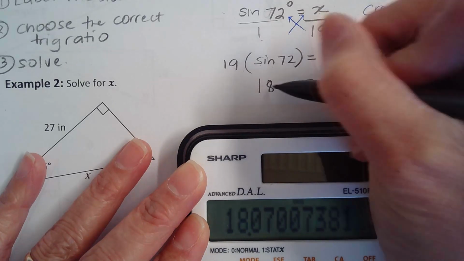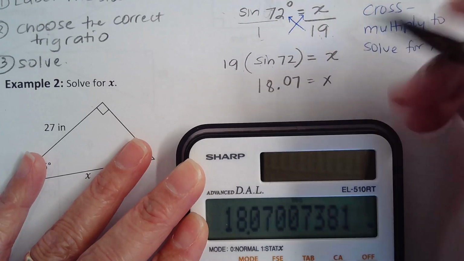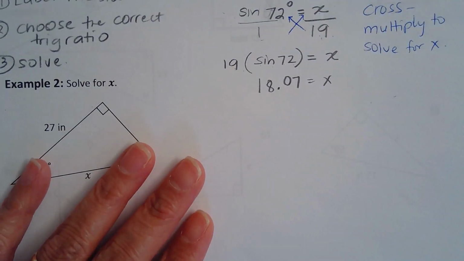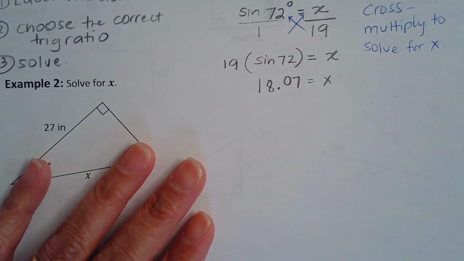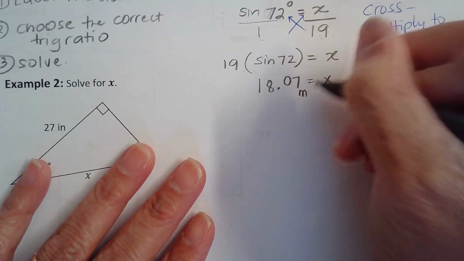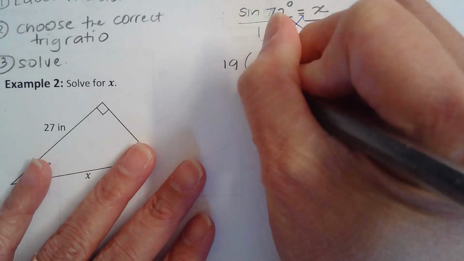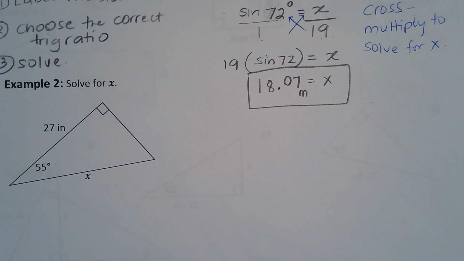I got 18.07, and the unit there is meters. 18.07 meters. Everybody got that same number?